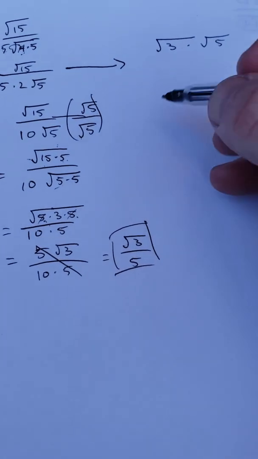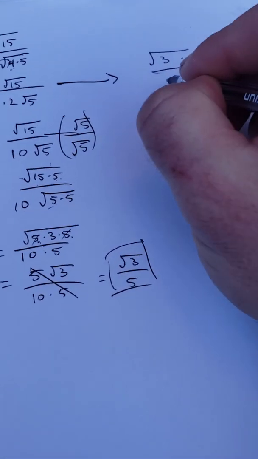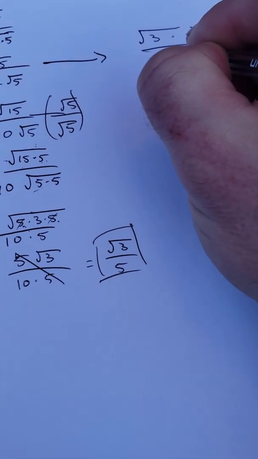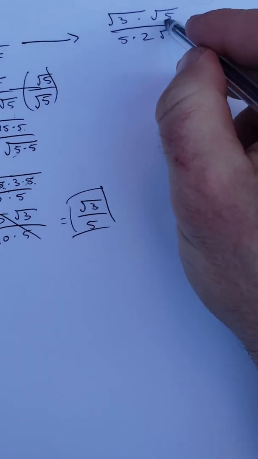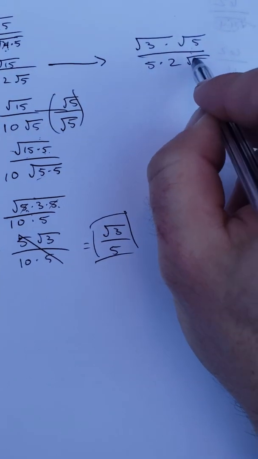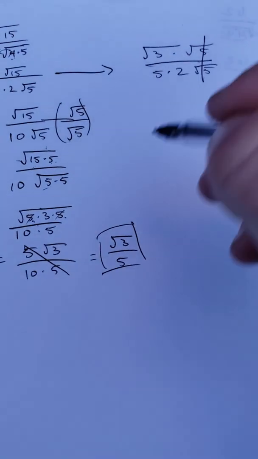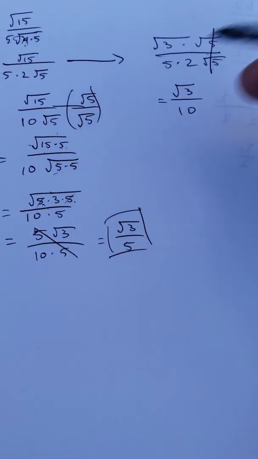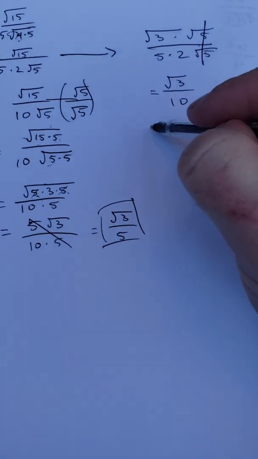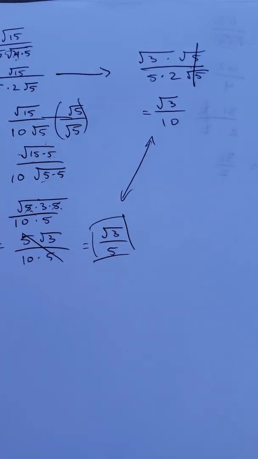Either way, it doesn't matter. Well, right here, this is 5 times 2 square root 5. What do I have on top and bottom right now? Square root 5, square root 5. That's 1. Square root 3 over 10. Same answer.